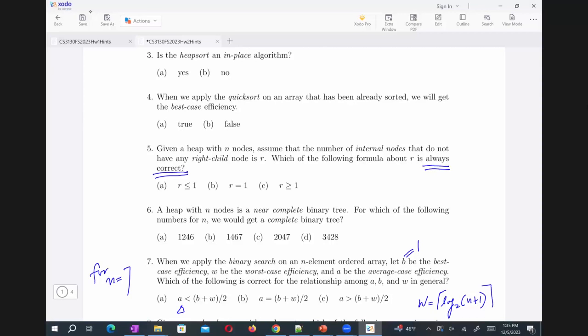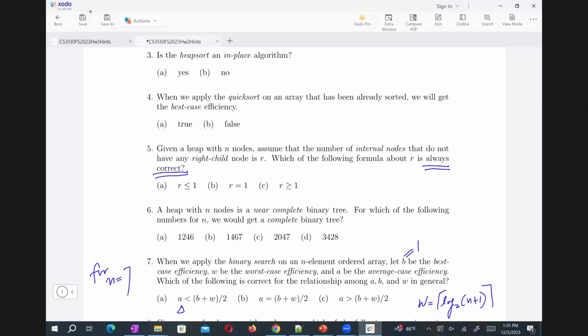Now, staying on this question, it seems like none of them are always correct, because sometimes R is 1, say, if there's two nodes, then it's a root, and the root has no right child, so that is one node that has no right child. But what if there's just one root node? Then there are no internal nodes, right? What's the case for when n equals 1?